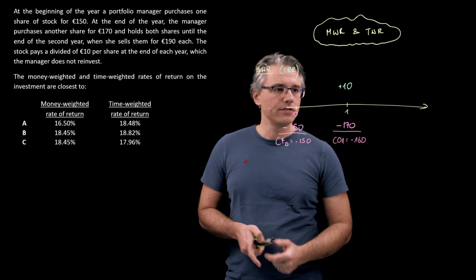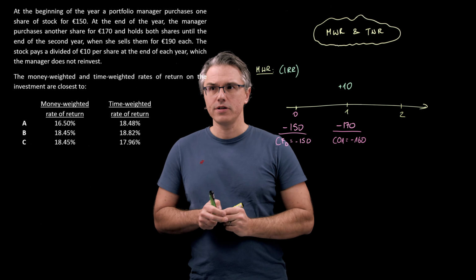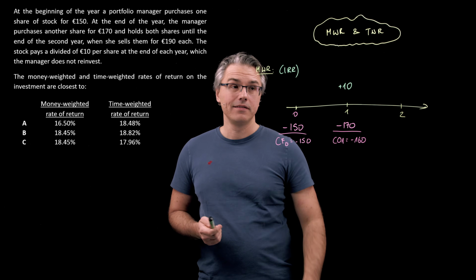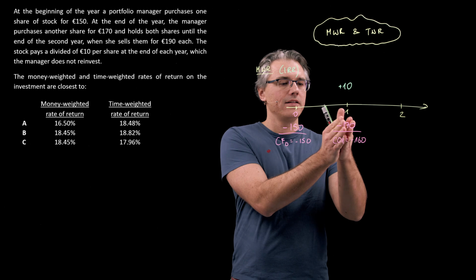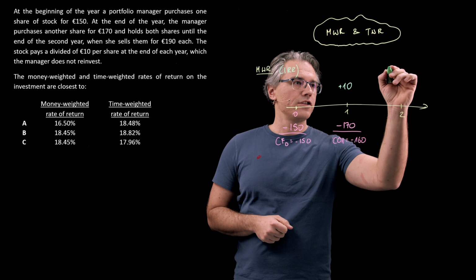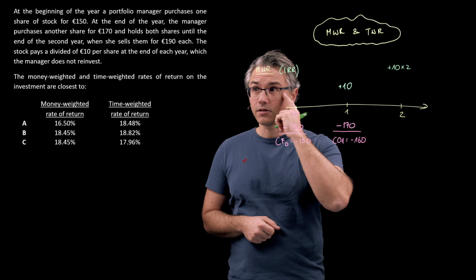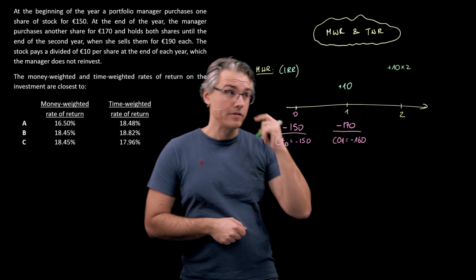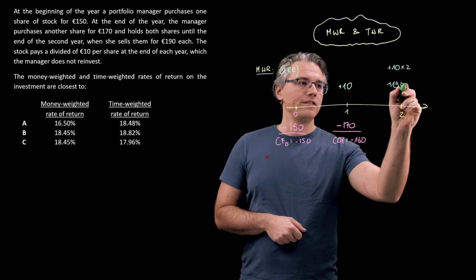And then we've also got time 2, when she receives the dividend from both shares. She's holding the first share from here, the second share from here. So she gets a positive 10 times 2, that's a 20. And she also sells both shares, each for 190.